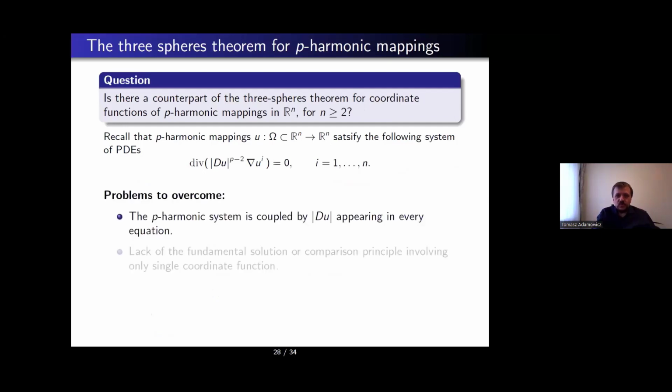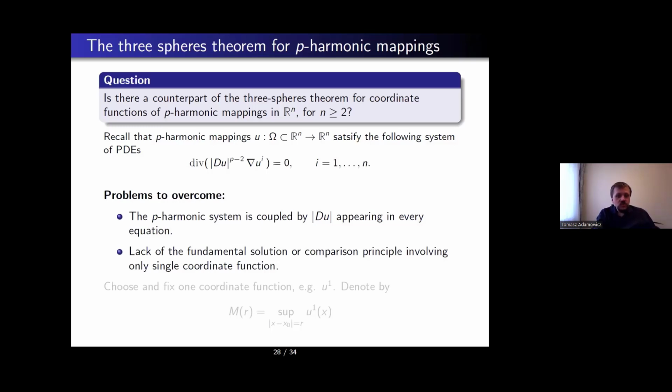And so problems that we need to overcome in our studies include the fact that the differential appears in all equations of the system, and so all component functions interfere with each other. And also there is no fundamental solution nor comparison principle involving only single coordinate function of a p-harmonic mapping.